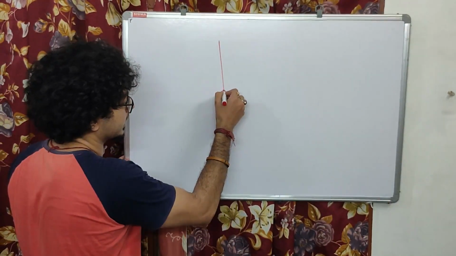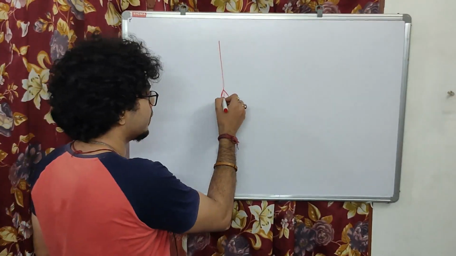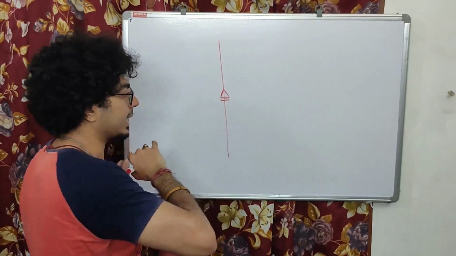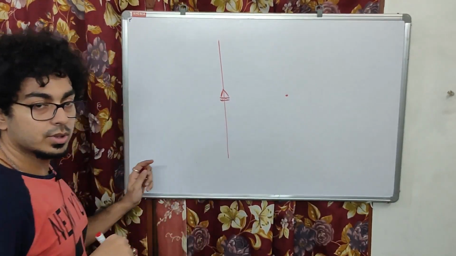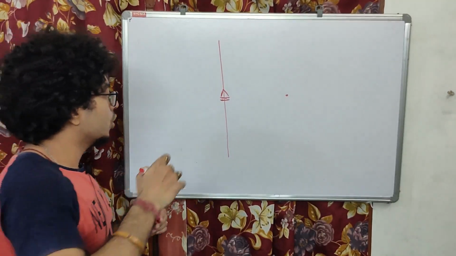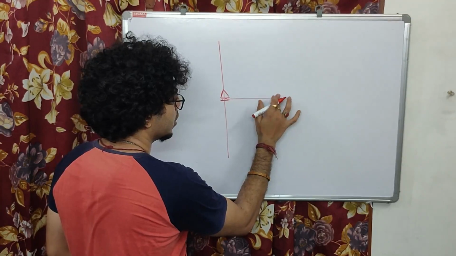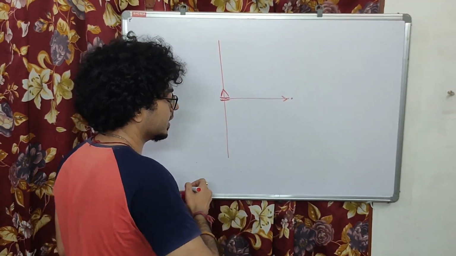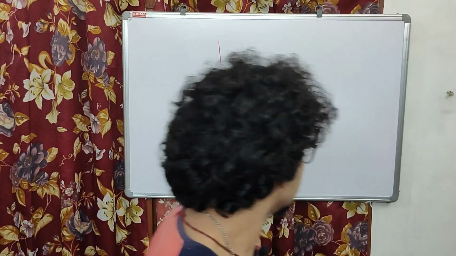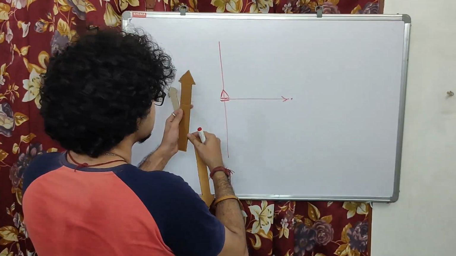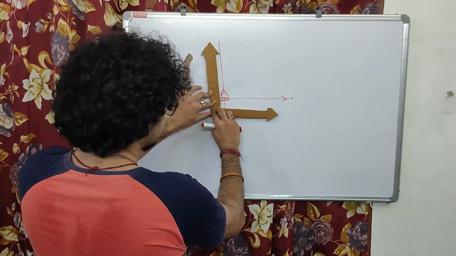Suppose this is a current carrying conductor, just a straight one. If I ask you what is the magnetic field at this point due to this current carrying conductor, for this small element you have to draw a position vector. This is the current element, this is the r position vector.